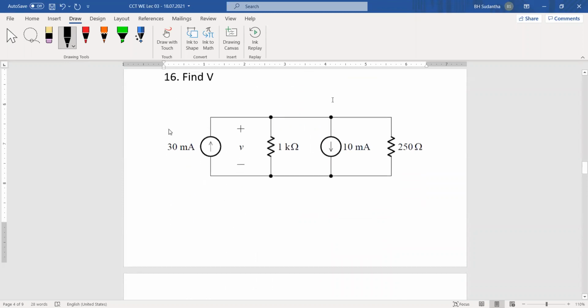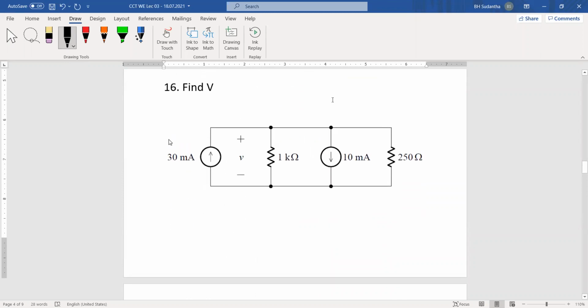In this question, the major difference between this question and all the previous questions is that there we had a voltage source, but here in this problem we have only current sources.